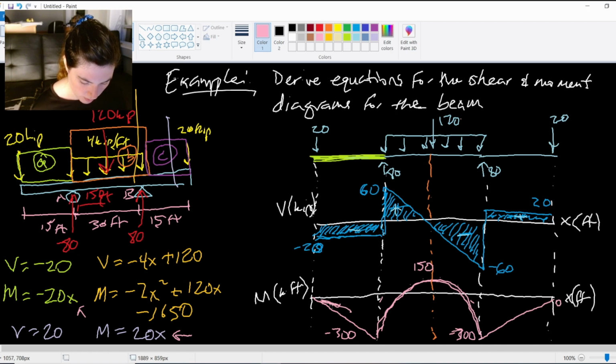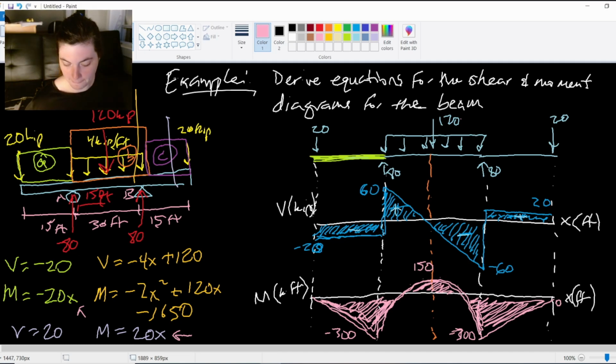So I get a moment diagram that looks something like this. And that's it. Those are my answers. That's what we're looking for. We're looking to construct these diagrams from these equations, right?